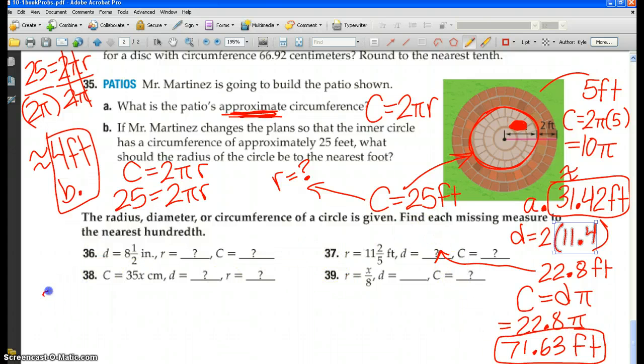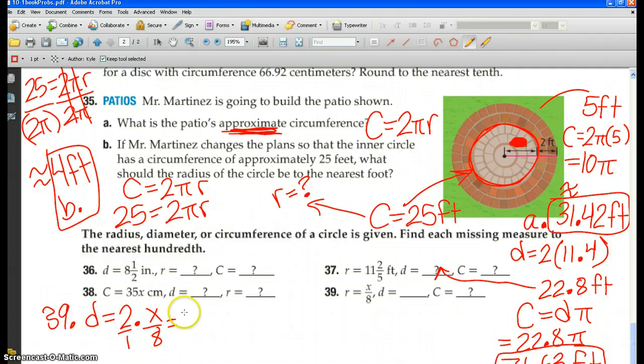All right, number 39. We have the radius, we want to find the diameter. So the diameter is equal to 2 times the radius, or 2 times x over 8. We'll put 2 over 1. So we get 2x over 8. 2 over 8 simplifies to 1/4, so we just have x over 4. Diameter is x over 4.